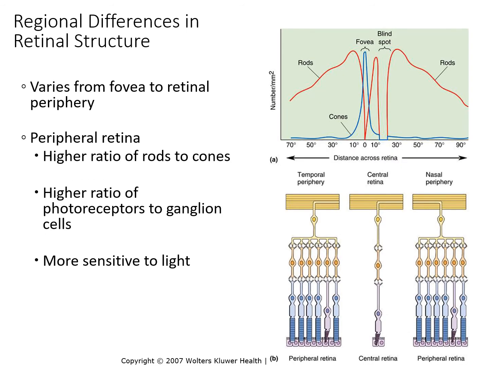Now, in terms of retinal structure, where are these things? What does the structure actually look like in different locations? So as you get closer to the fovea, you have, let's see here, an extremely high concentration of cones. That blue line goes way up near the fovea, and there's basically zero cones out in the periphery. However, rods are much higher concentration in the periphery, and they drop off in the fovea.